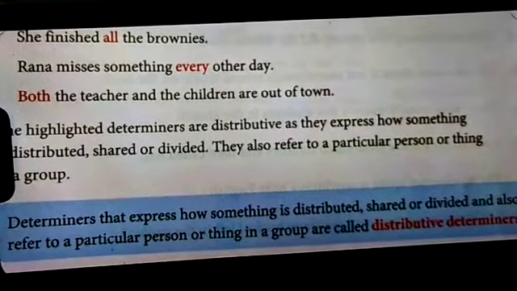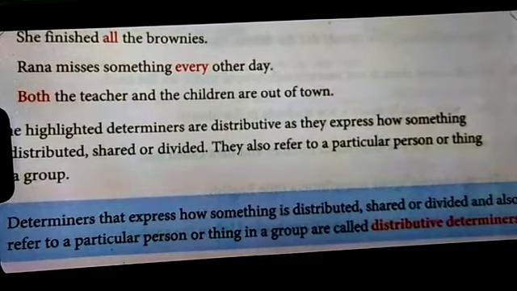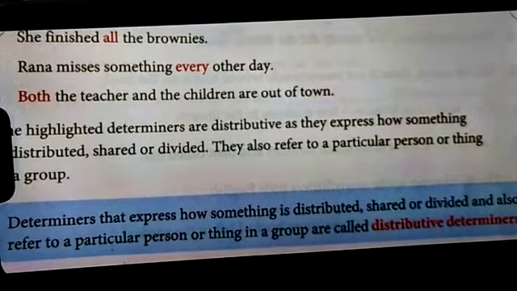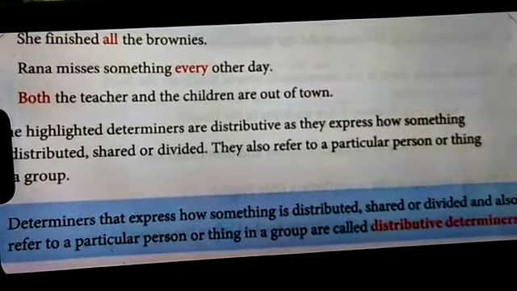Rana misses something every other day. So every. Both the teacher and the children are out of town. So both. The highlighted determiners are distributive as they express how something is distributed, shared or divided. They also refer to a particular person or thing or group.